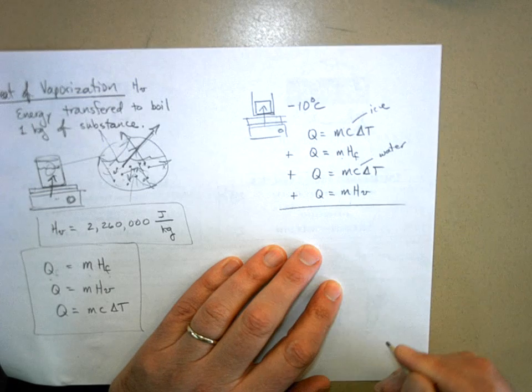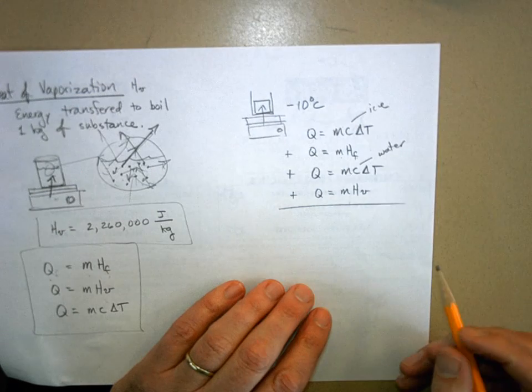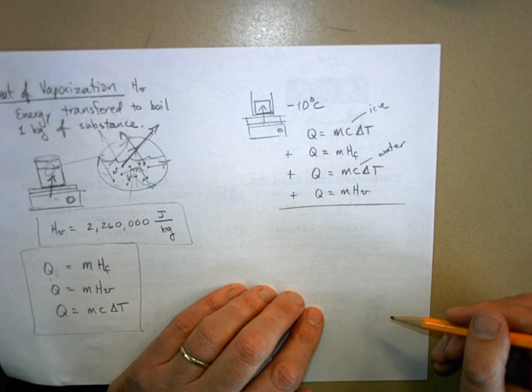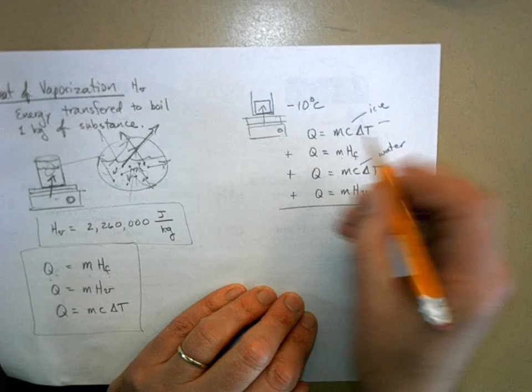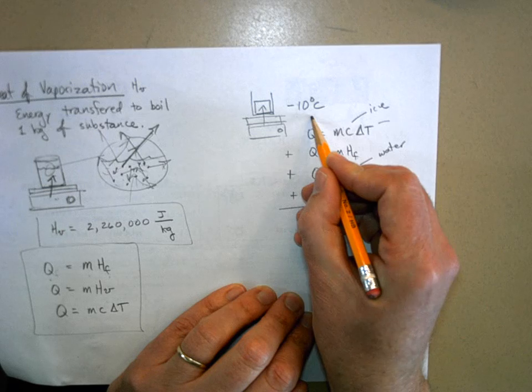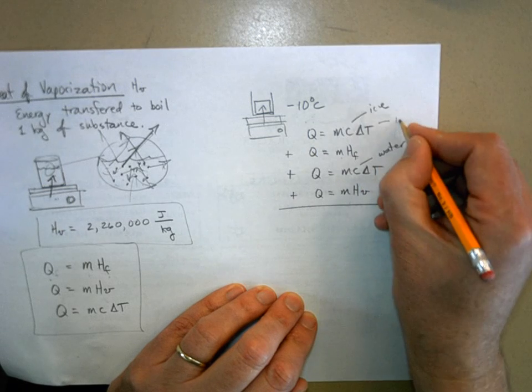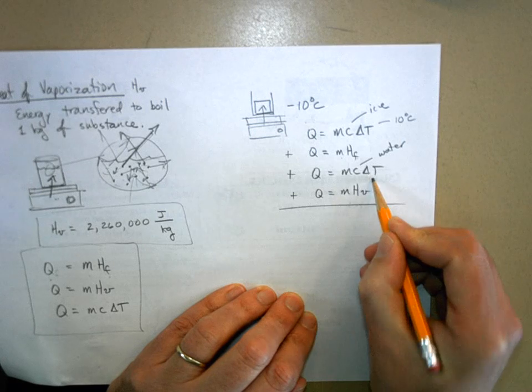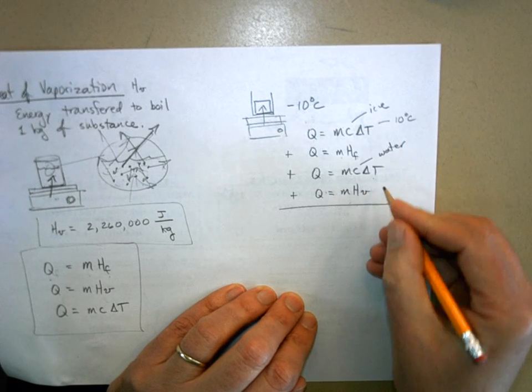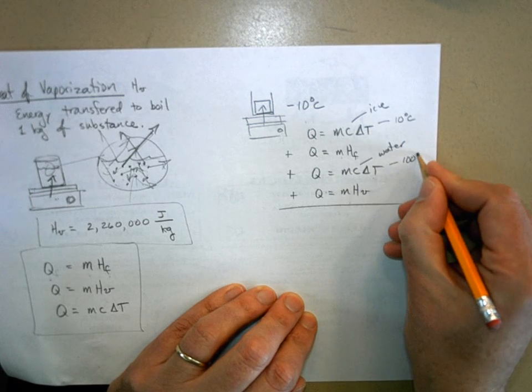Okay, now there's going to be some problems where you have to figure this out. This temperature change, what is delta T here? Well, from negative 10 to 0, 0 minus negative 10 is 10 degrees Celsius. What's the temperature change here? We're going from 0 to 100 degrees. So that's 100 degrees Celsius. That's a much bigger temperature change.